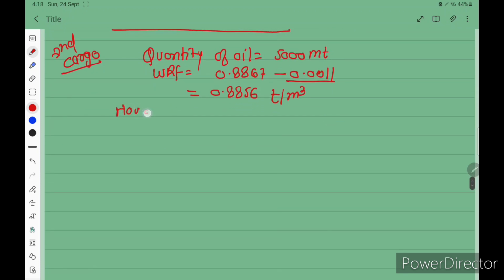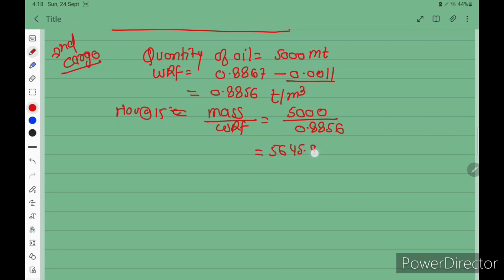Now net observed volume at 15 degrees temperature is equal to mass divided by weight reduction factor, so 5000 divided by 0.8856, we get 5645.9 meter cube.